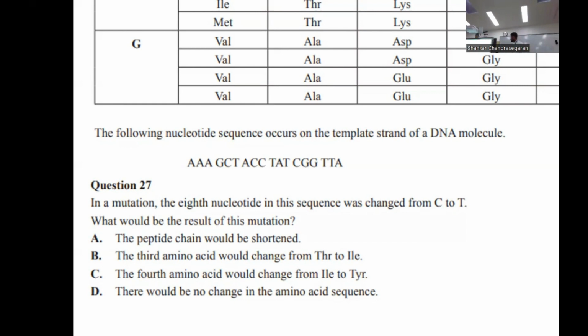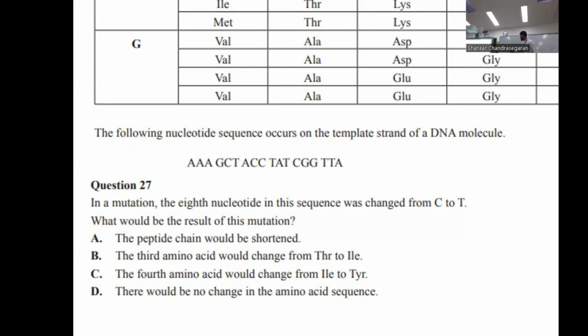ATC. All right. Another thing to note here: the following nucleotide sequence occurs on the template strand of the DNA molecule. So, what is the mRNA molecule going to look like? Is that going to be a T? Yeah, everyone needs to rehash their genetics component.